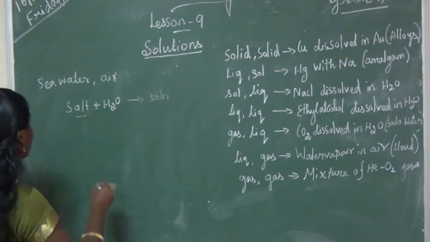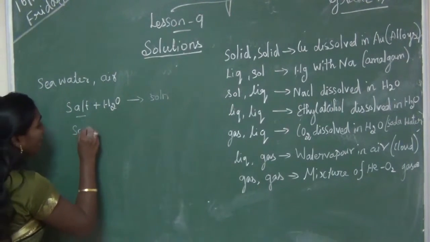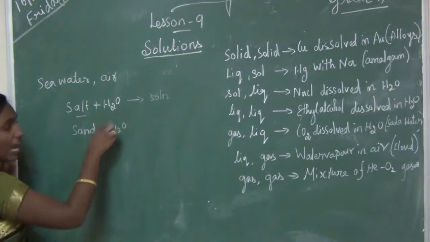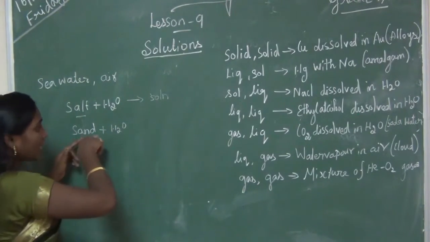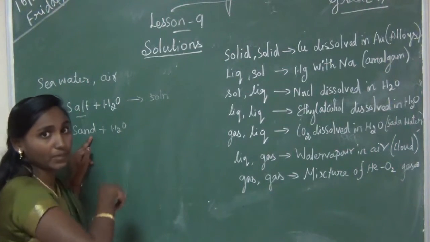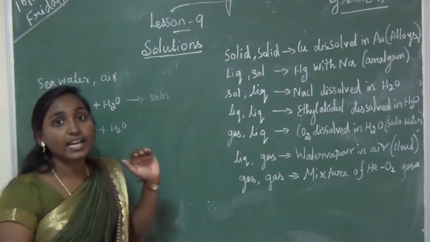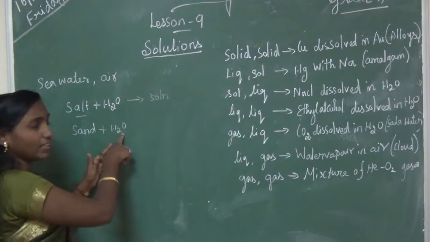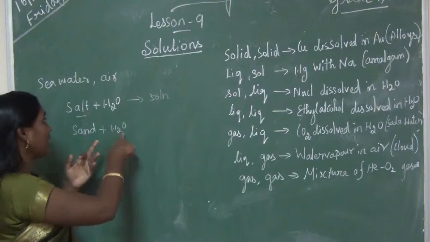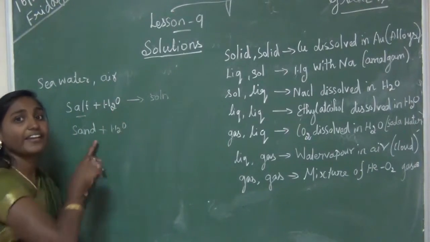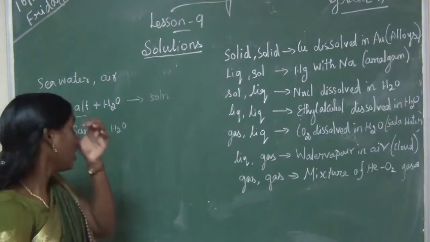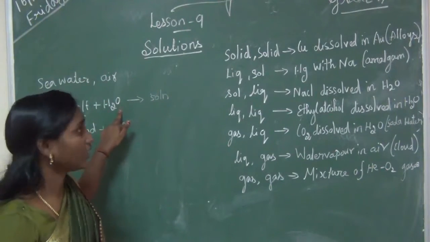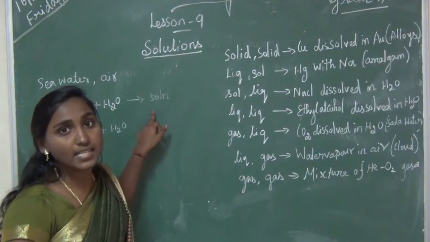Another example is sand and water. When we mix sand in water, the sand cannot dissolve uniformly, so the sand settles at the bottom of the water. Sand and water can be easily separated, but salt and water cannot be separated easily, because the salt uniformly distributes in the water to form a homogeneous mixture.